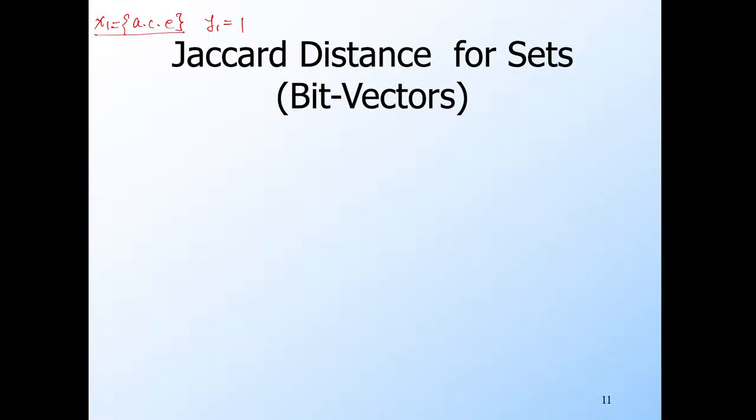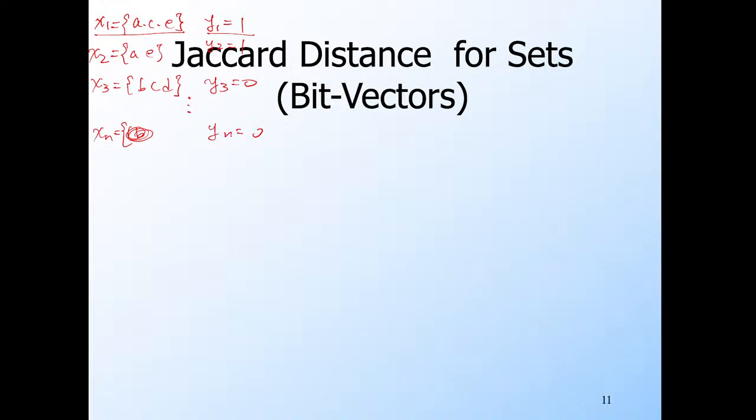Okay, x1 is a set, and its corresponding y1 is 1. Let's say the second instance, the features are A and E, for example, and y2 is also 1. And let's say x3 is B, C, D, and y3 is 0, and so on, up to let's say xn, which is B, whatever.